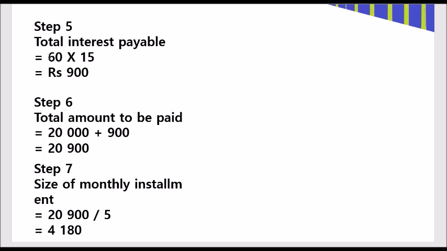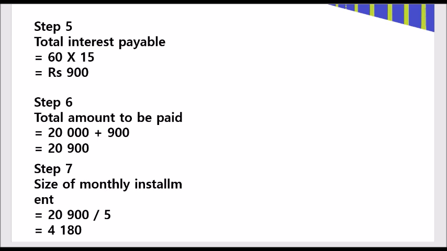You can substitute both answers into this step and you can calculate the total interest, 900 rupees. After finding the total interest, you can very easily calculate the amount to be paid. You have to add the interest to the loan, 20,000 rupees plus 900 rupees. The answer is 20,900 rupees. That is the total amount.